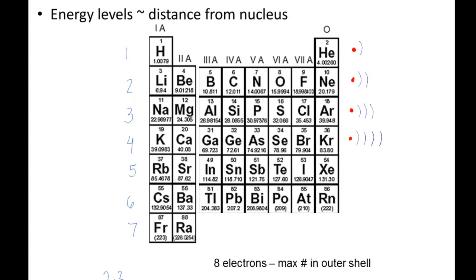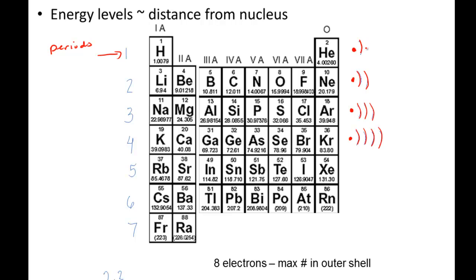So when we look at this periodic chart, these numbers reflect the periods on the periodic chart, and every period we are adding an additional layer or energy level of electrons. So for example, potassium is in period 4, and there are actually 4 energy levels of electrons.